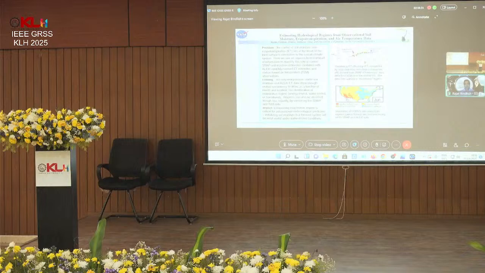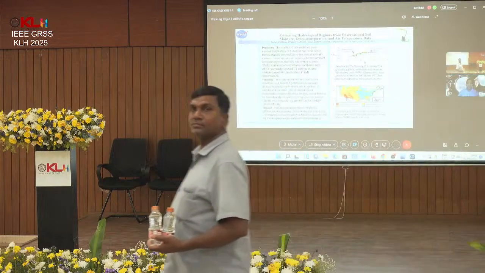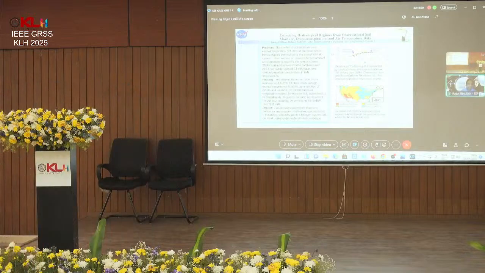On the other hand, the more vegetated areas where there's plenty of soil moisture are energy limited. So you can use the soil moisture information as well as ET information to identify which areas are water limited, which areas are energy limited, and which areas are going through the transition.